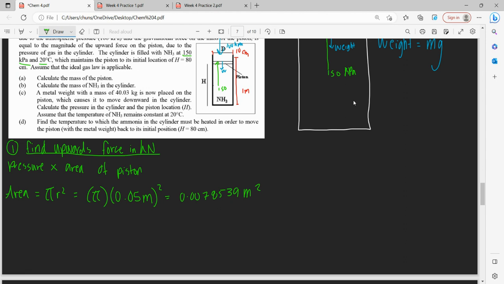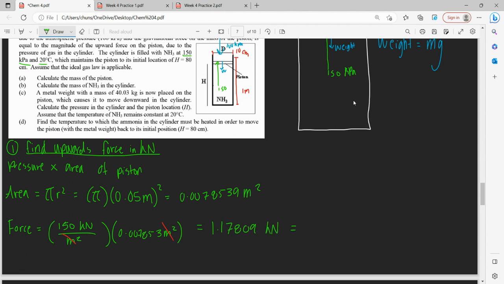So then to find our force, this is equal to, so we said kilopascals is equal to kilonewtons over meters squared. And then when we multiply this by our area in meters squared, we see that our dimensions are consistent because our meters squared cancels out, leaving us with kilonewtons, of 1.17809 kilonewtons.